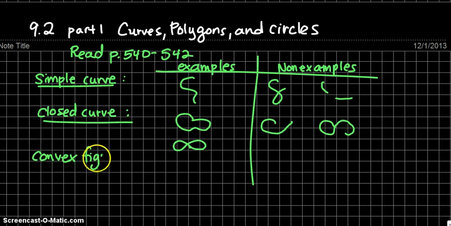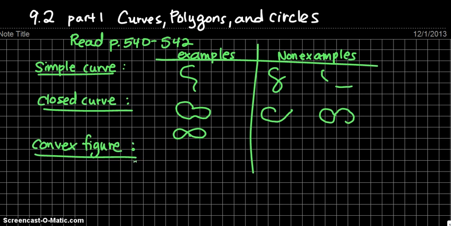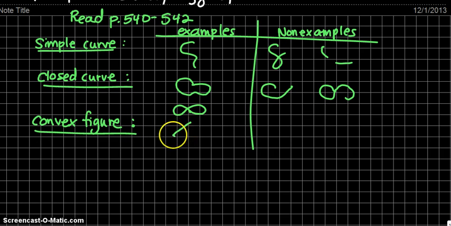Next, I want to talk about something called a convex figure. A convex figure is something that you can draw so that if you draw a line between 2 points within the figure, they will never go outside of the figure. Here's a non-example. Whenever it punches in, that's when it's not going to be convex.